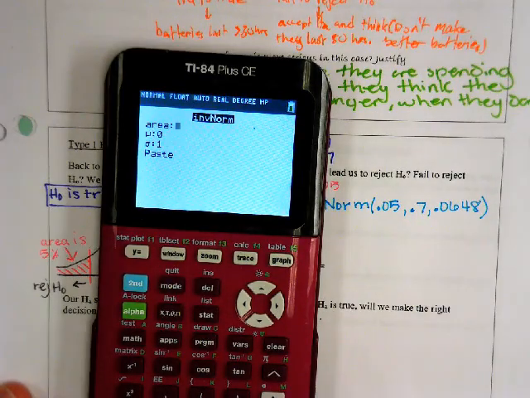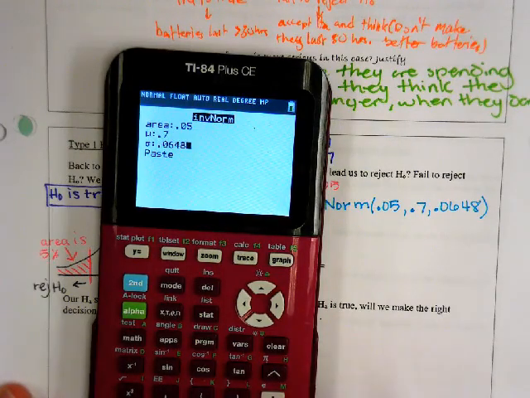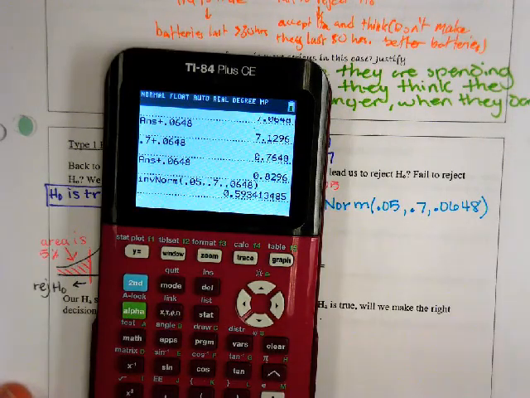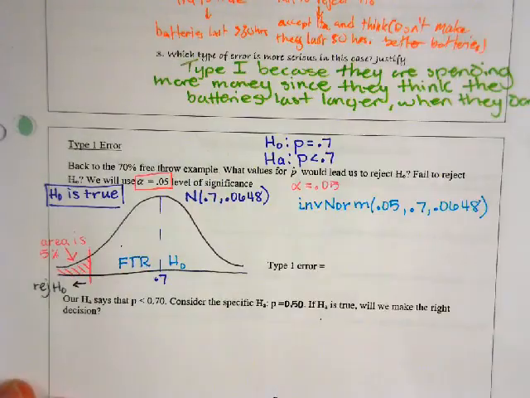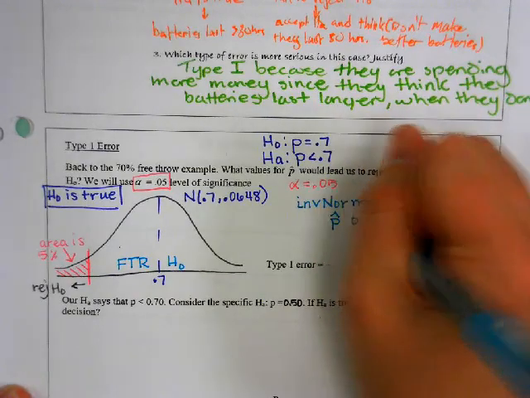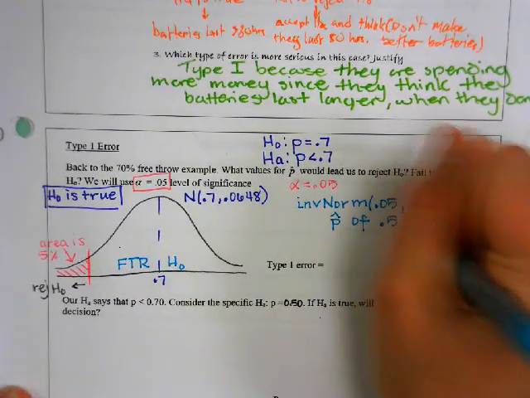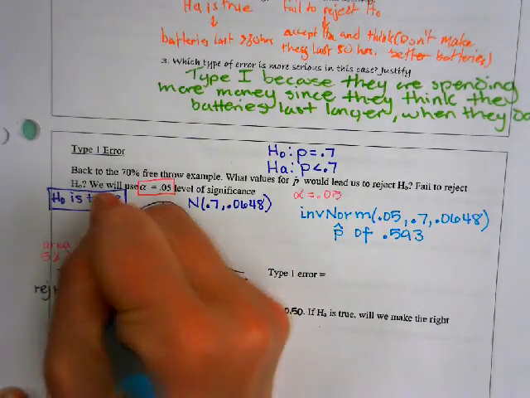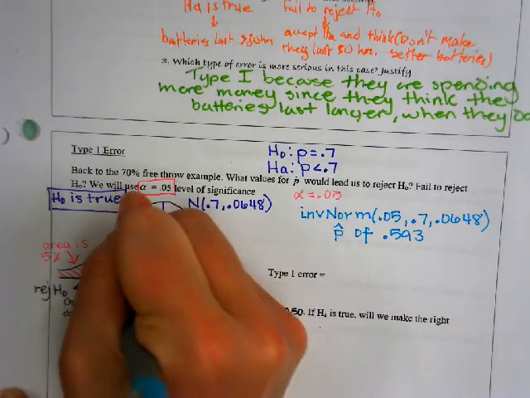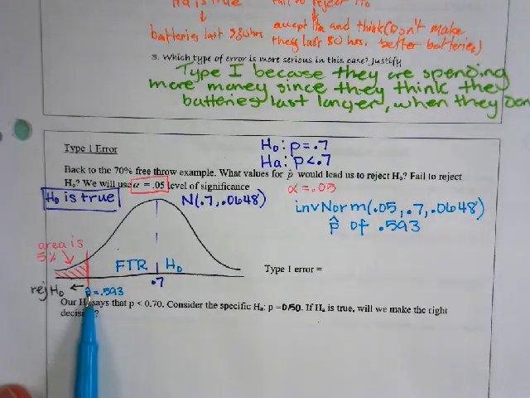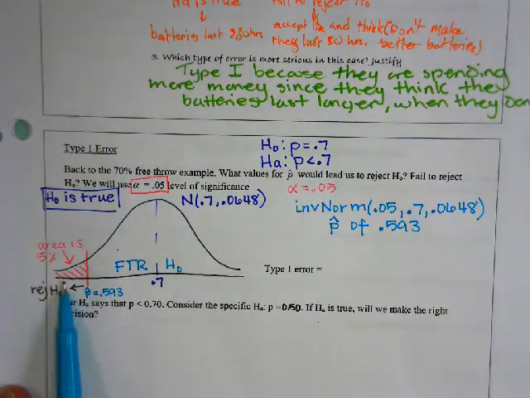And we get 0.593. So this right here is a p hat that is equal to 0.593. So if we get a p hat that is less than 0.593, we're going to reject the null. If we get a p hat that is greater than or equal to 0.593, we're going to fail to reject the null.